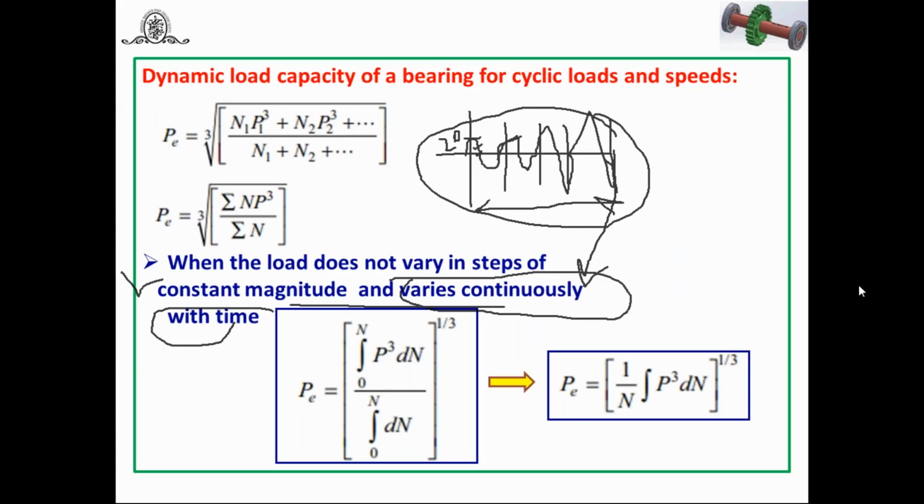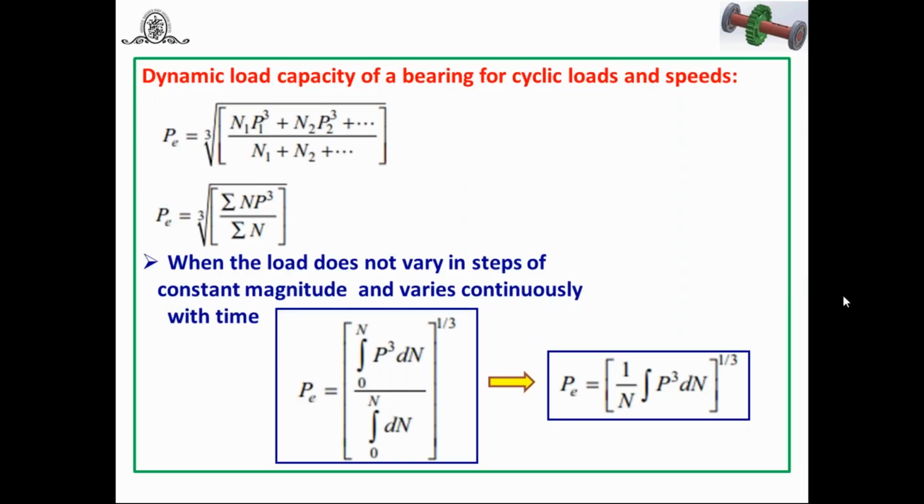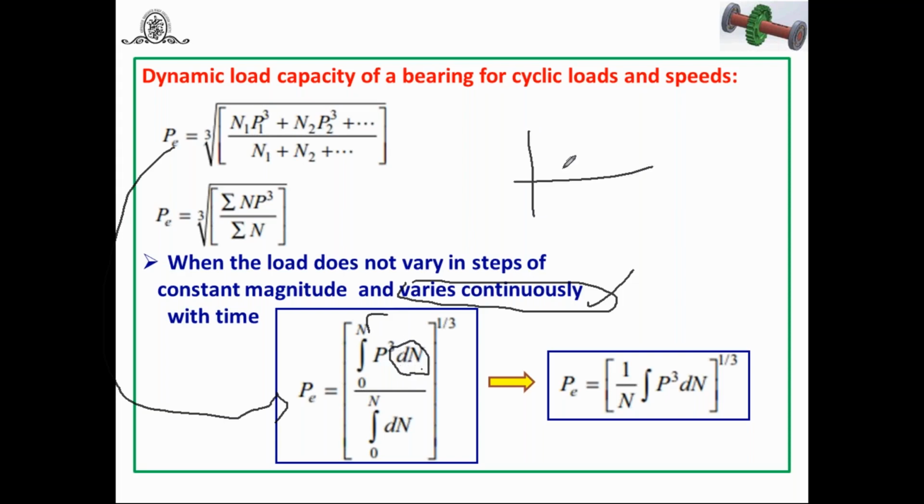with respect to time. At that time, which equation is suitable? Now you have to use this equation, which is again modified here. When the load varies continuously, P is equal to the cube root of the integration from 0 to N, up to the complete work cycle, of P cubed into dN, divided by N. Why is dN considered? Suppose we consider only one cycle here.